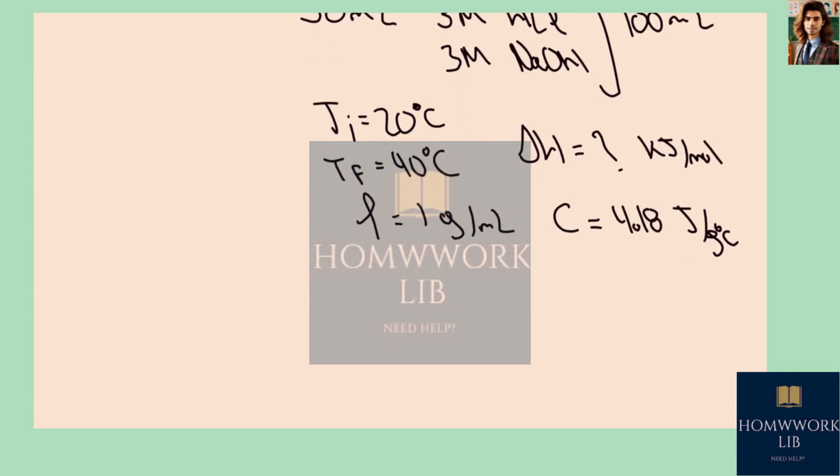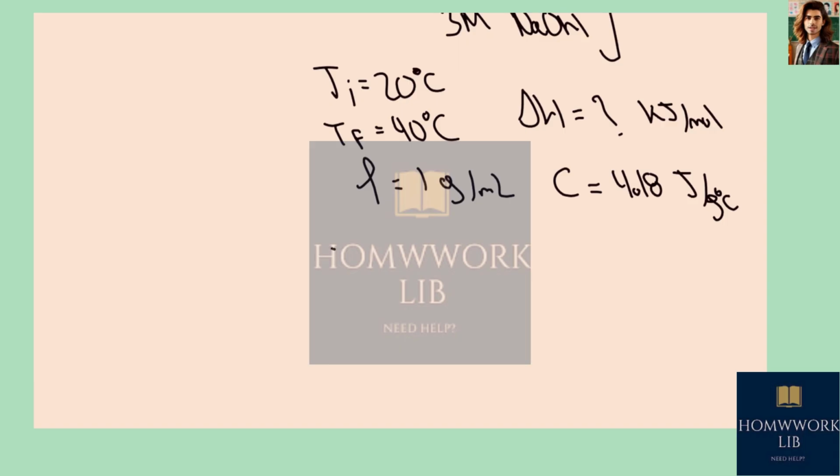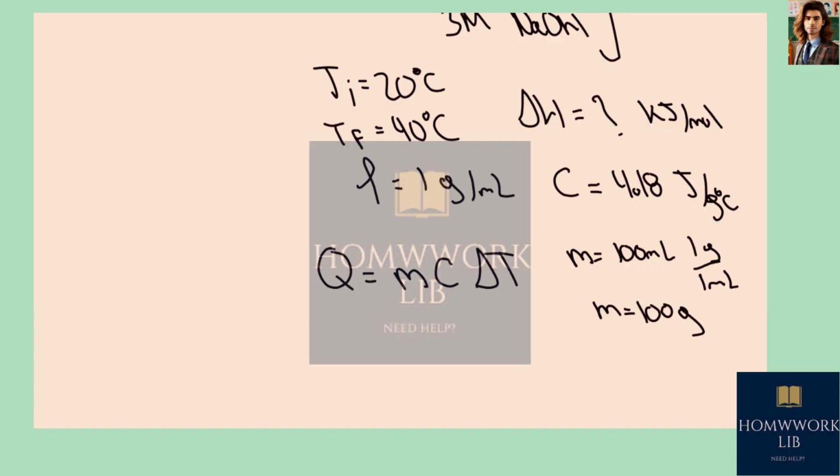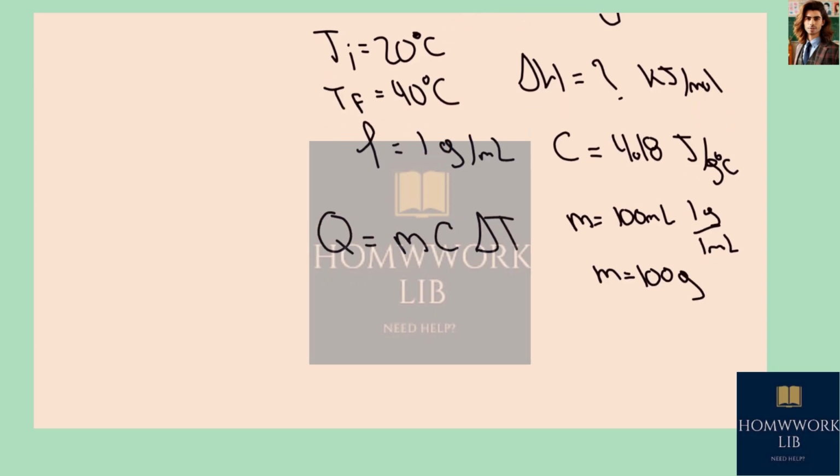So over here, remember that the heat that is going to be released or absorbed can be calculated employing mass times heat capacity times delta T. In this case, the mass is equal to 100 milliliters multiplied by density, that is 1 gram per milliliter. So the mass is going to be equal to 100 grams. The heat capacity is given, and the change of temperature, delta T, is equal to final temperature minus initial temperature, which is going to be equal to 20 degrees Celsius.